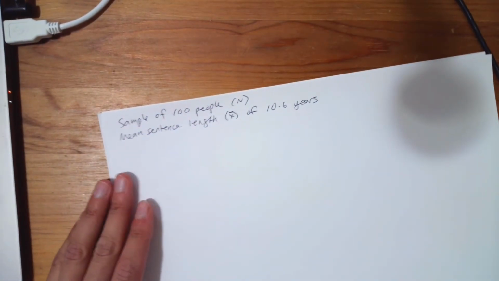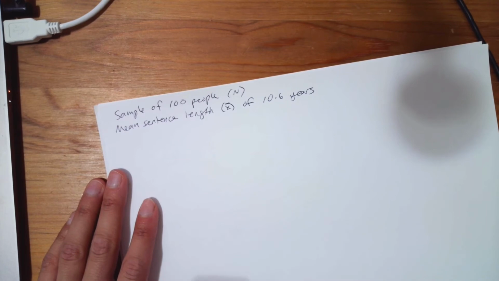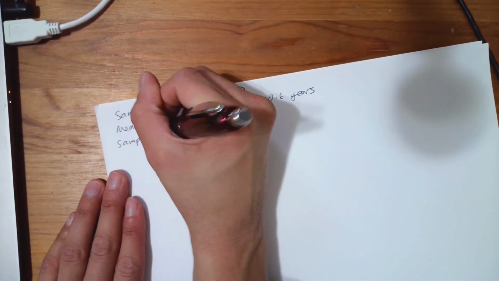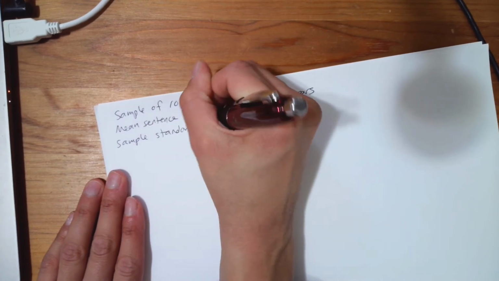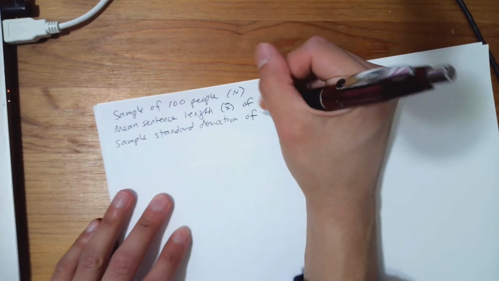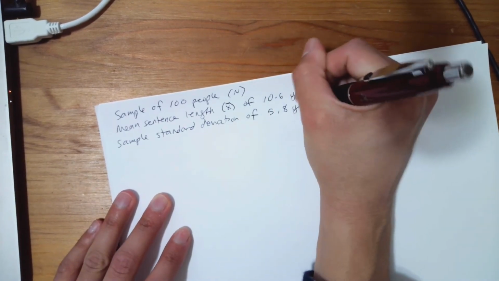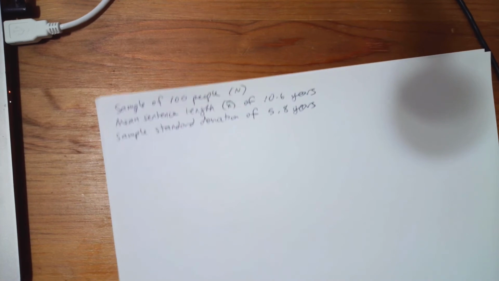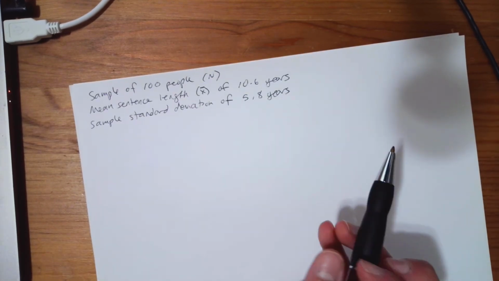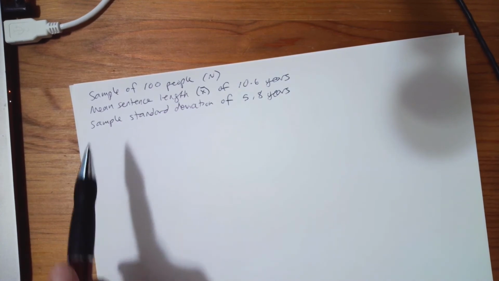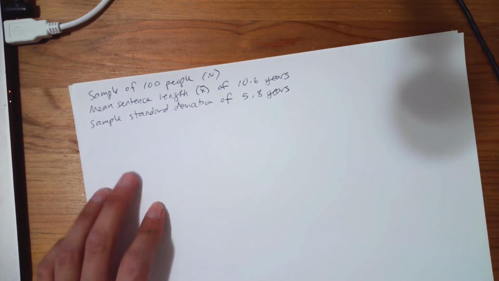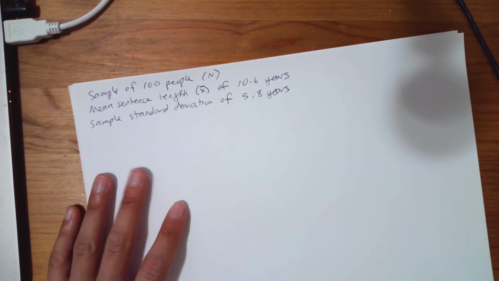And one more piece of information that we would be able to get from our sample is the standard deviation. So we're going to say we have a sample standard deviation of 5.8 years. And so these are all values that will always be given in problems like this. Again, you're imagining you take a sample of 100 people, and then for those 100 people, you calculate a mean and you calculate a standard deviation. Once you have those things, you have everything you need to calculate a confidence interval.